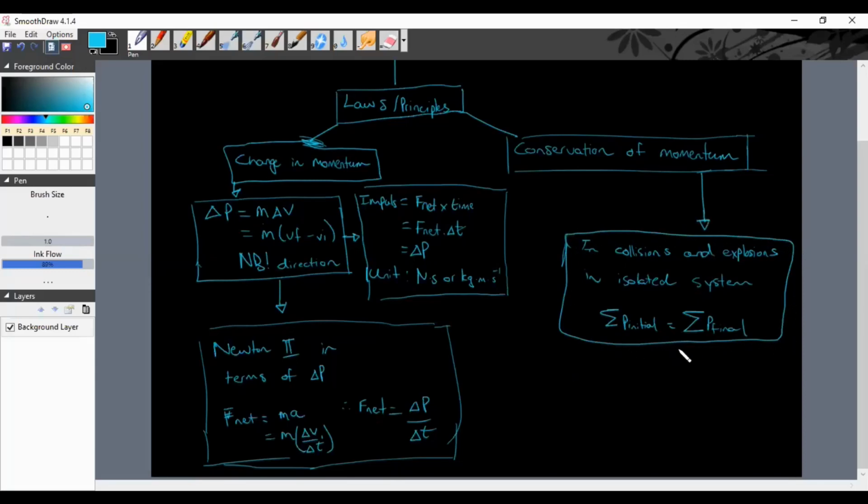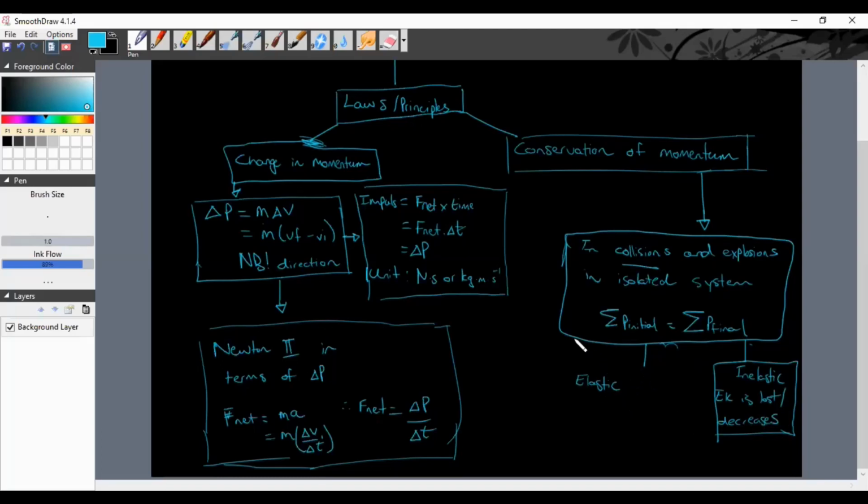Following that, we get two different types of collisions, namely elastic and inelastic. Inelastic is a bit easier, of course, because we know that EK, kinetic energy, is lost or there's a decrease in it.